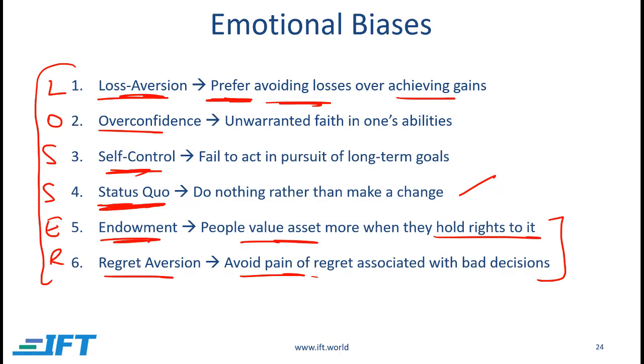Whereas with endowment and regret aversion, we are making a conscious choice, but that conscious choice is probably not very rational. So the outcome might be the same, but the reasoning is different. Effectively, with status quo, there is no reasoning. But with endowment and regret aversion, there is reasoning, but the reasoning is flawed. So those are the 6 emotional biases that you need to be on top of.